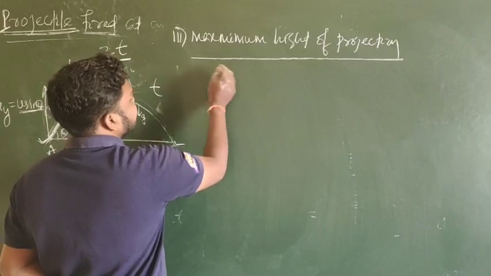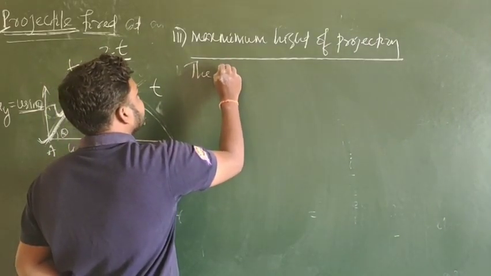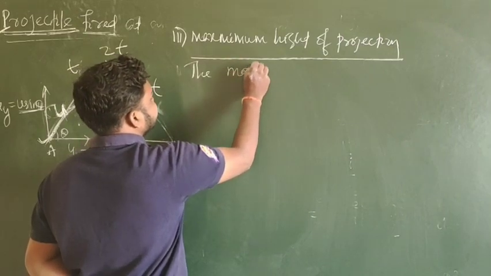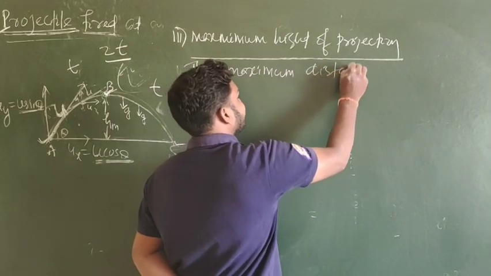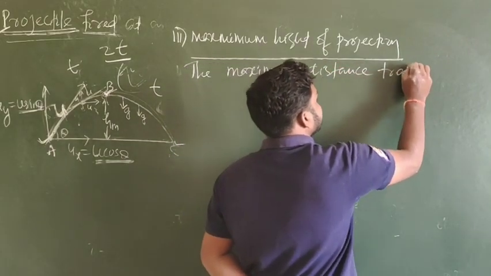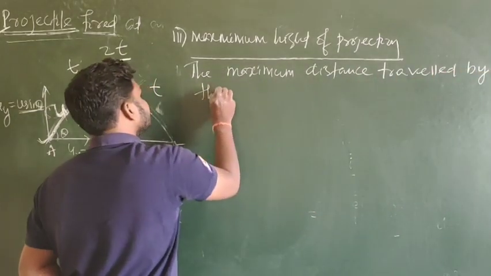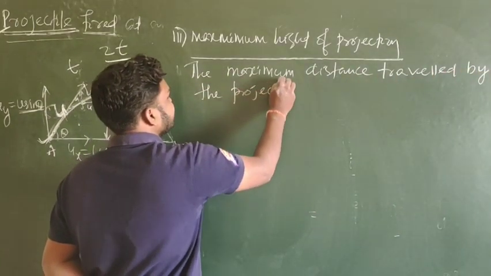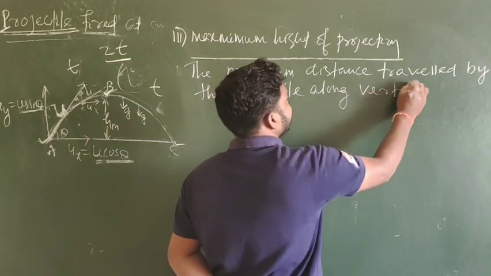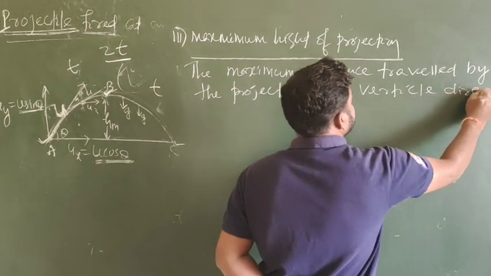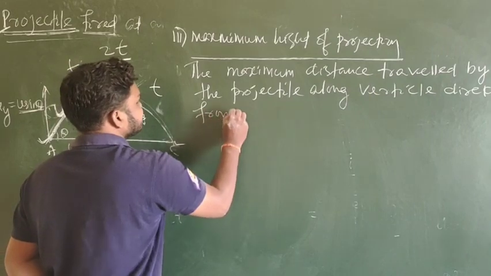सो टाइम ऑफ मैक्सिमम हाइट ऑफ प्रोजेक्शन मींस the maximum distance travel by the projectile along vertical direction from the ground.